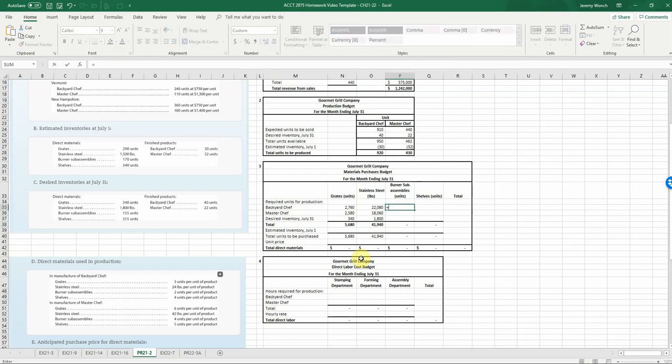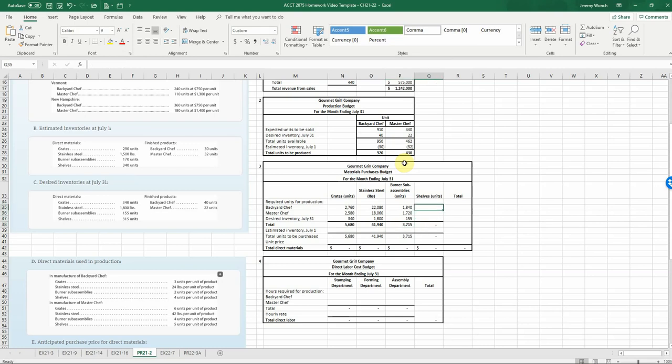So for the burner assemblies for the Backyard Chef, 920 units times 2 burners. And then for the Master Chef, we're going to do 430 units at 4 burners. And we want a desired inventory of burners of 155.